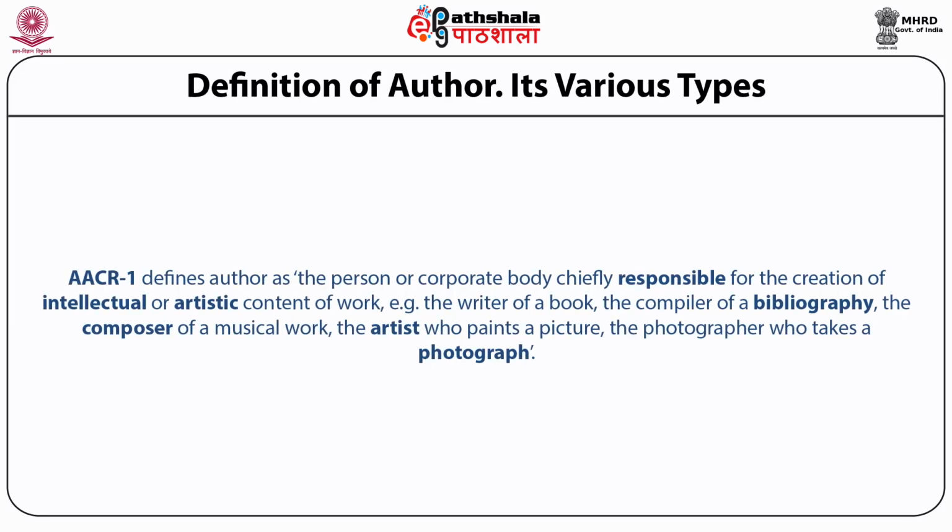AACR defines author as the person or corporate body chiefly responsible for the creation of the intellectual or artistic content of a work, for example, the writer of a book, the compiler of a bibliography, the composer of a musical work, the artist who paints a picture, the photographer who takes a photograph.